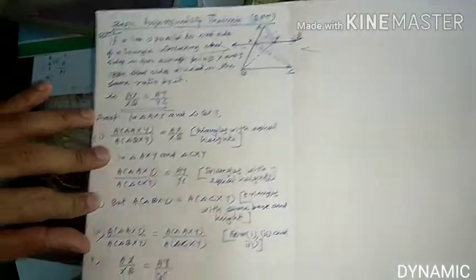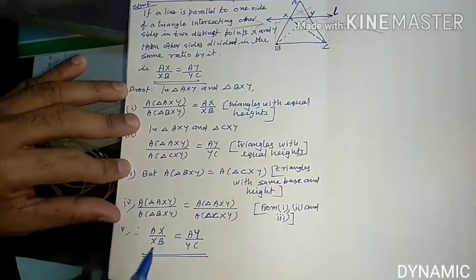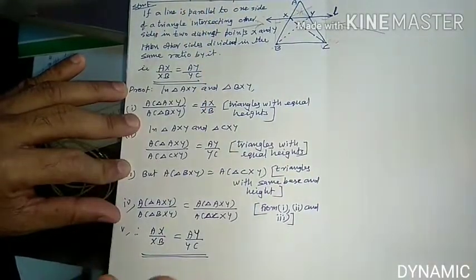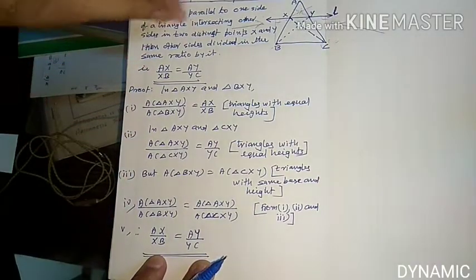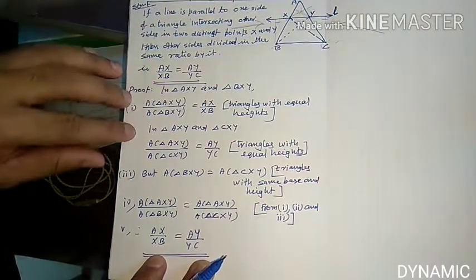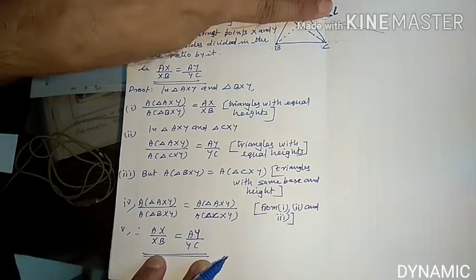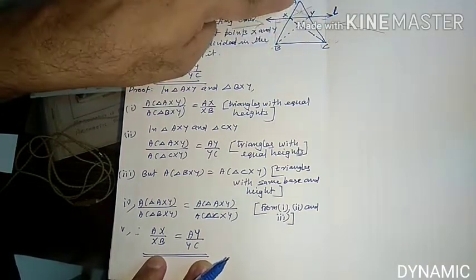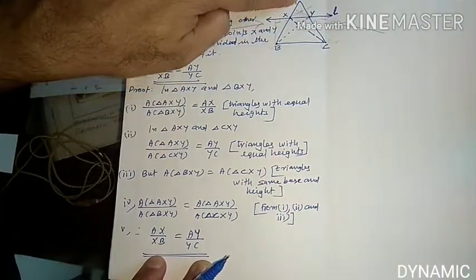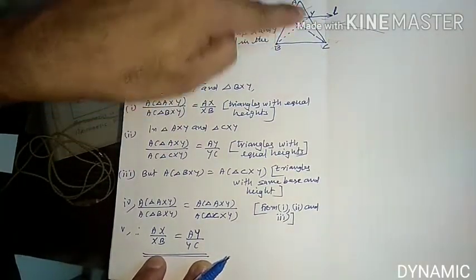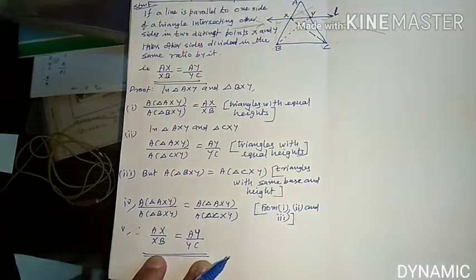This result from BPT will be given, and where we have to reach is that the line is parallel. In BPT, the line is parallel, then AX upon XB equals AY upon YC. In the converse, if AX upon XB equals AY upon YC, then the line is parallel.